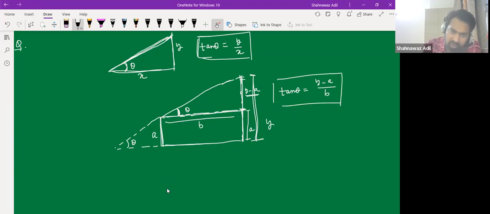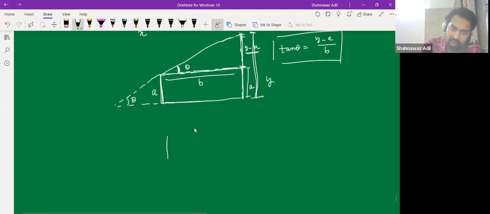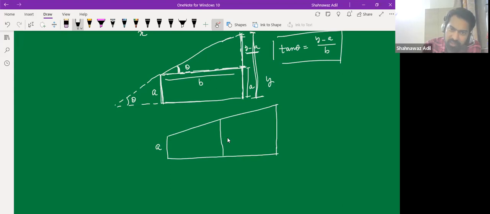Now I have this kind of structure. Let's say this is a, this is b, and this is c, and this is my tan theta.